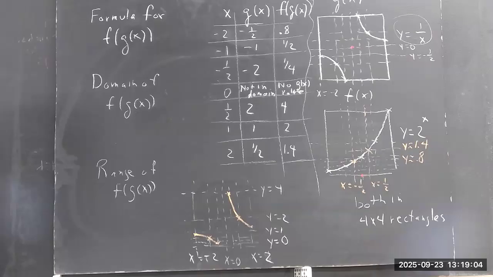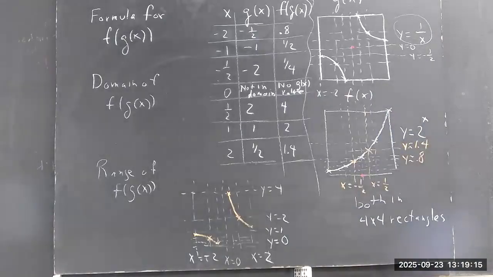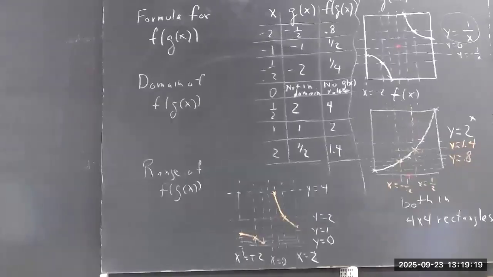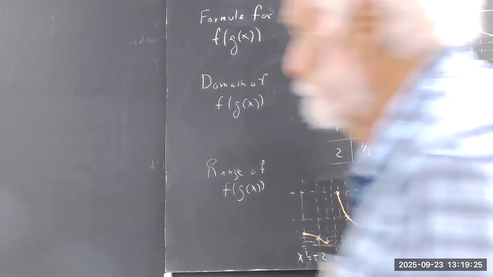I have much more here, but I'm using this camera. I think I'm using this camera. Okay, I'm not using that camera. Sorry, this setup's a little bit new. Okay.